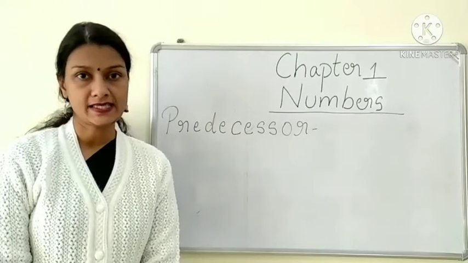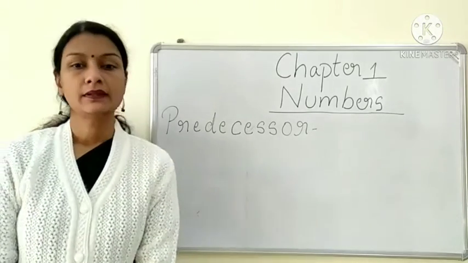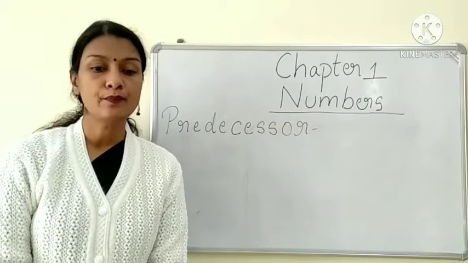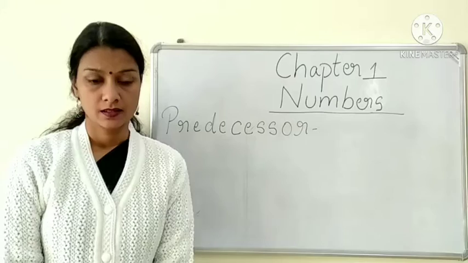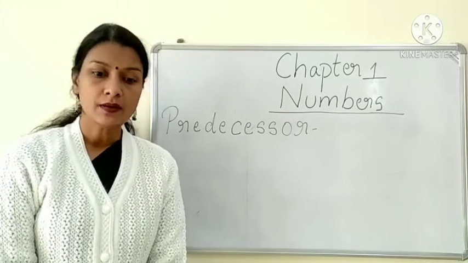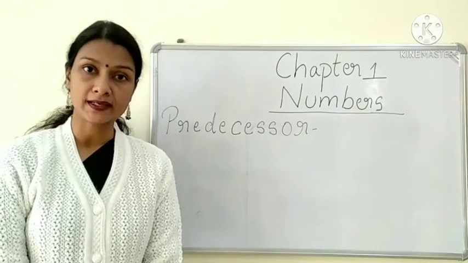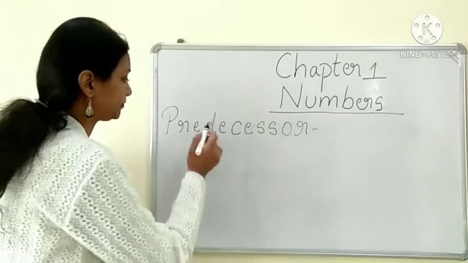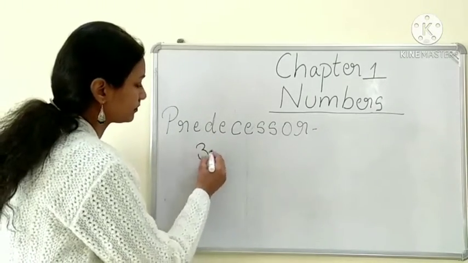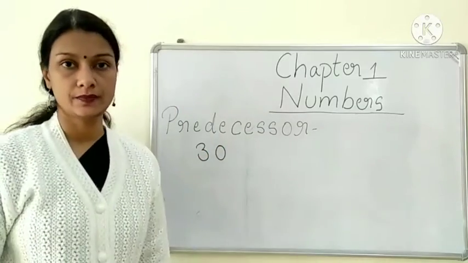Next is predecessor. The number that comes just before a number is called its predecessor. We can obtain it by subtracting 1 from the given number. For example, 30.